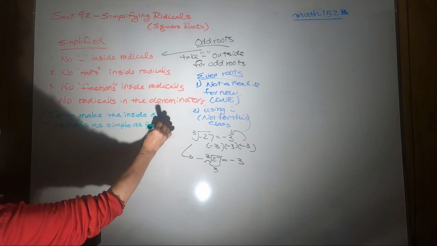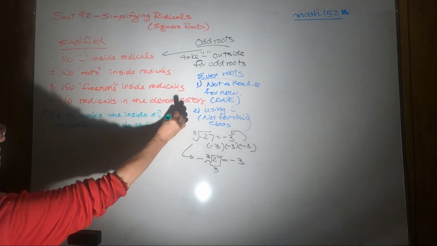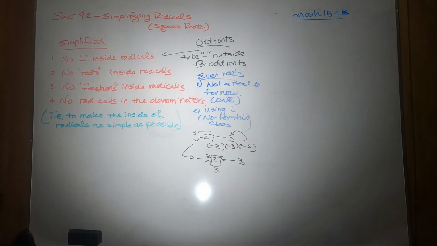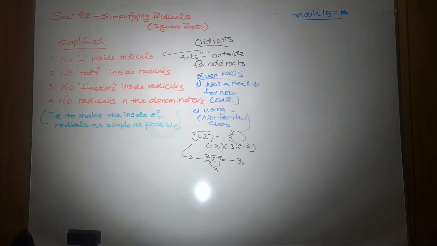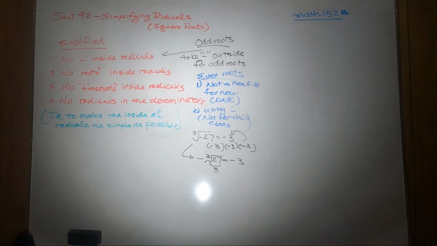That's the whole idea. You want accuracy, so we use radicals for accuracy instead of using decimals. But we want to make the inside of the radicals as simple as possible. So that's the idea.